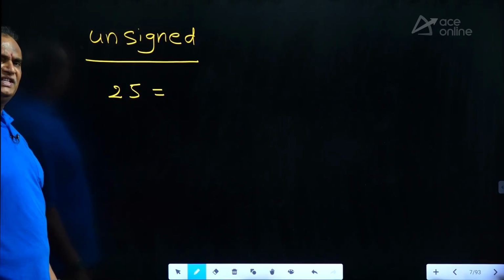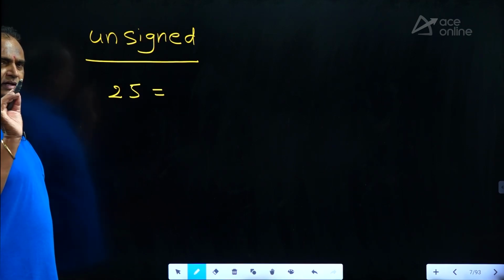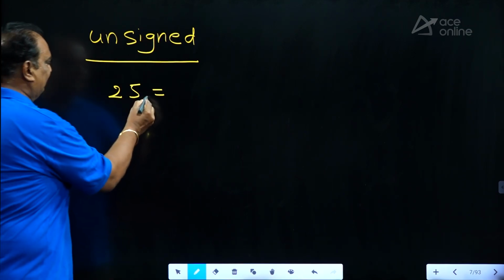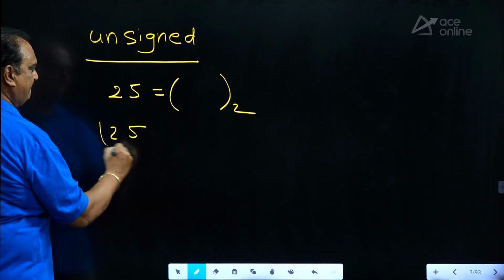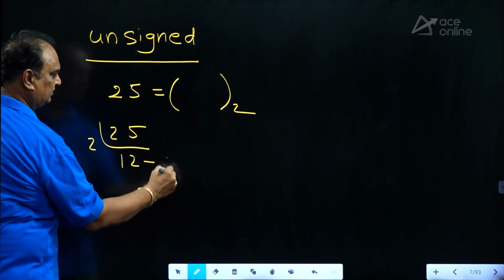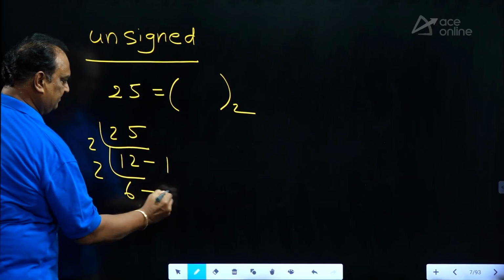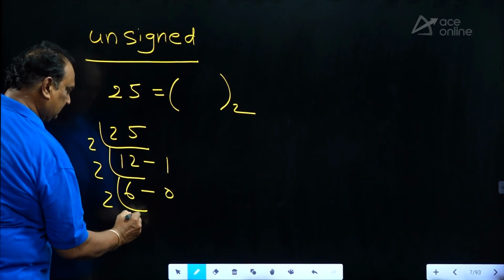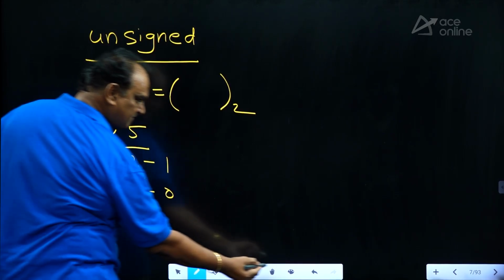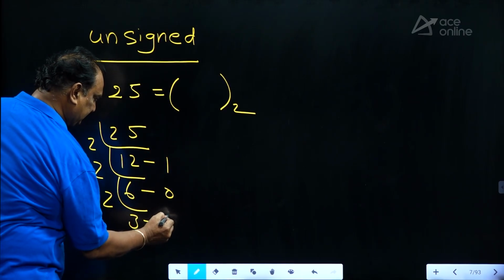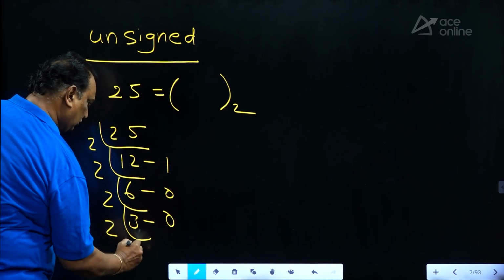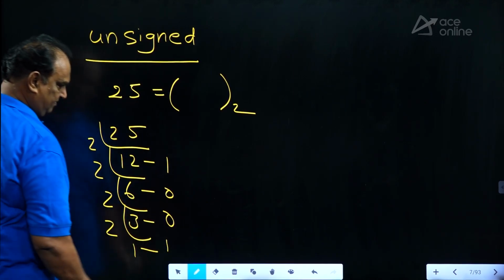What is the binary value for the same? Here, according to textbook style, you have to divide the same thing with the target system base. 25 by 2: 12 remainder 1, 6 remainder 0, 3 remainder 0, 2 1's remainder 1.